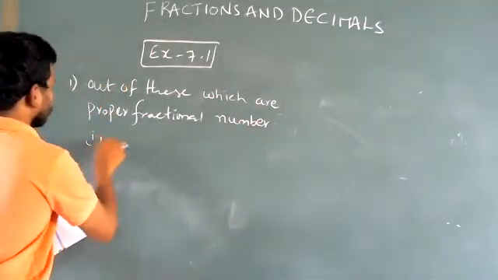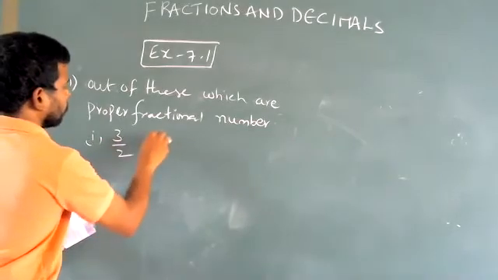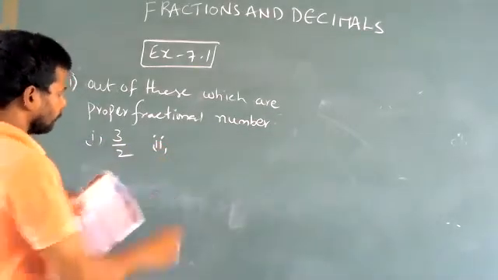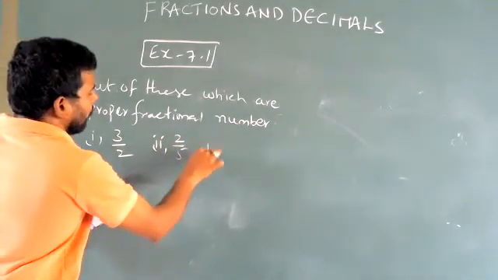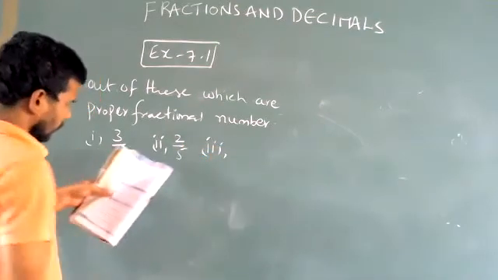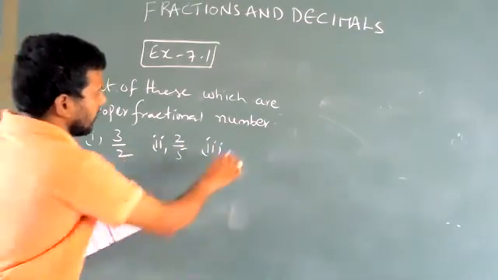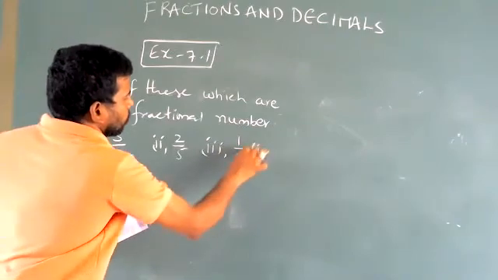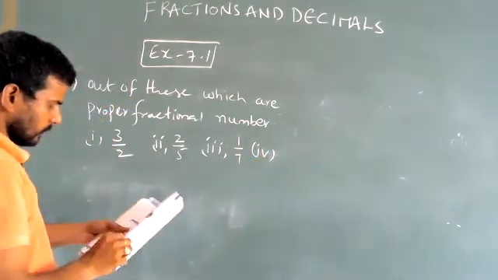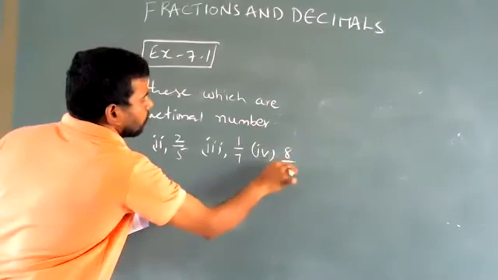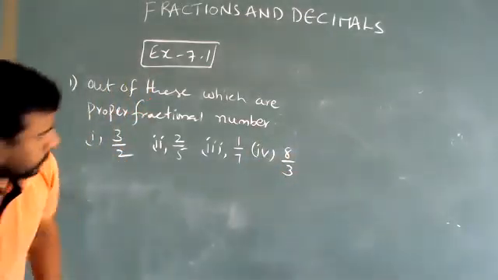First one 3 by 2. Second one 2 by 5. Third problem 1 by 7. Fourth 8 by 3.